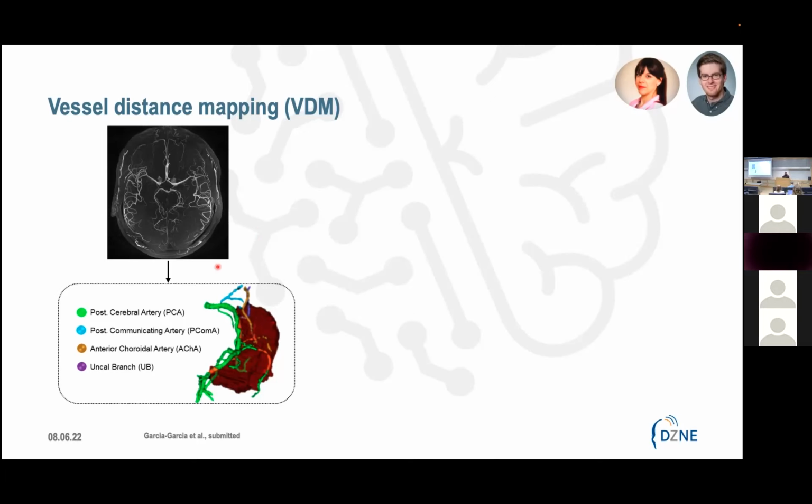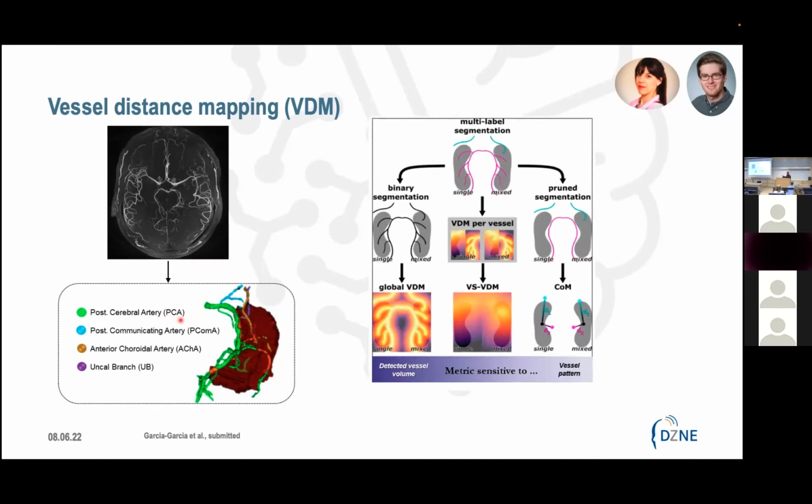And for this, she took the 7 Tesla TOF image and manually segmented arteries, which is a whole lot of work. And we're going to focus here on the PCA and ACHA because only those are the ones that are important for us. And I'm just going to go over these 3 metrics here very quickly in the interest of time.